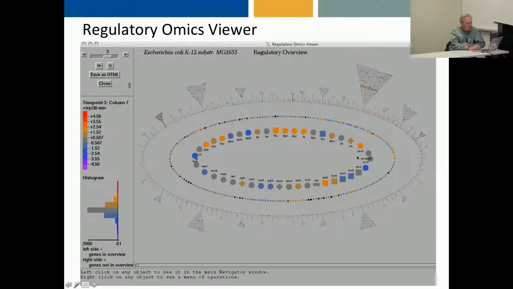And this is one time point, but the diagram is animated so that if there are multiple time points that you have experimental data for, you'll get basically a movie showing the colors changing over those different time points.